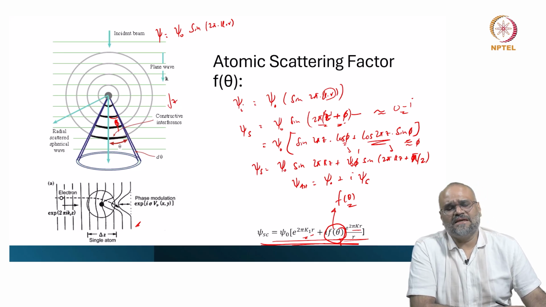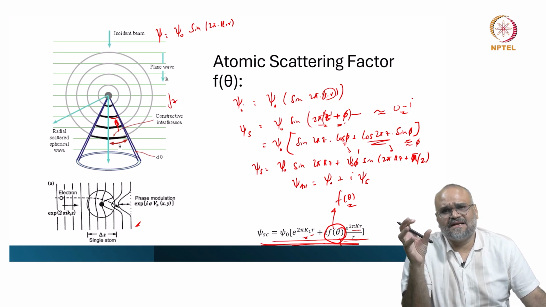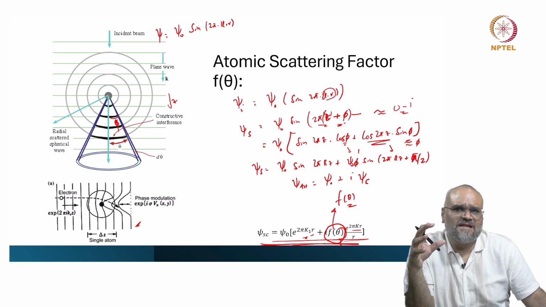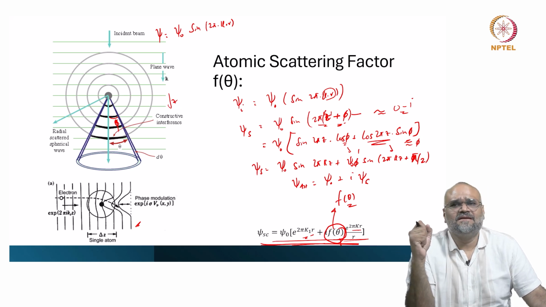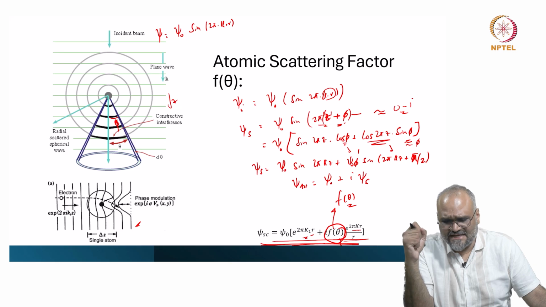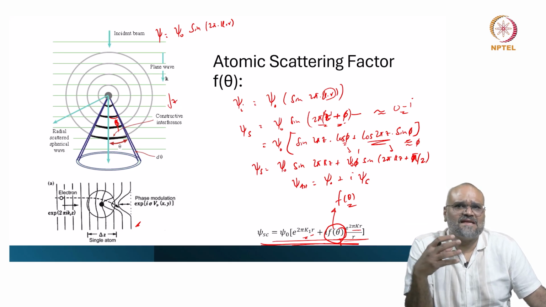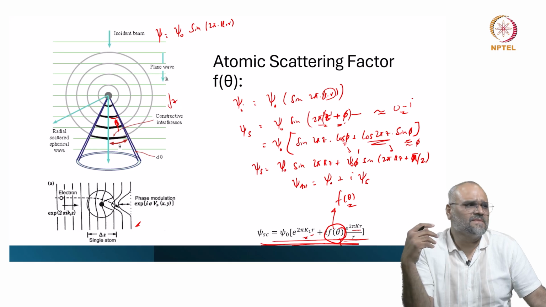Now, in reality, you do not have an isolated atom in most of the specimens. You would have atoms arranged in a very periodic fashion in a crystalline sample. So, let us see how this evolves and changes when I expand this idea to a real crystal.